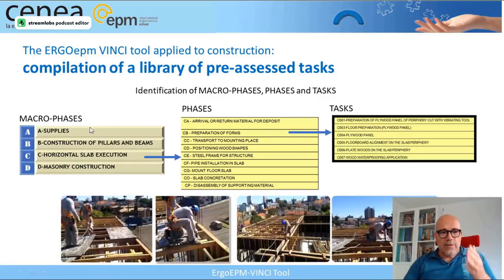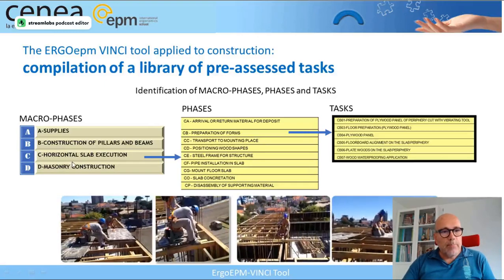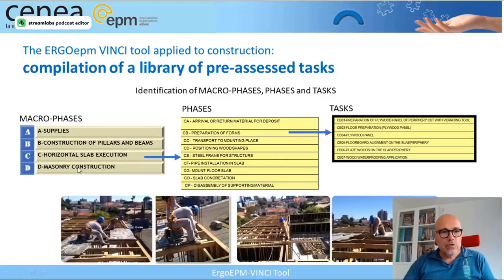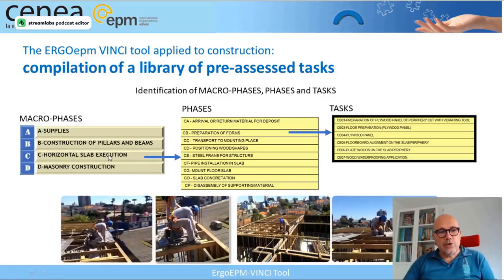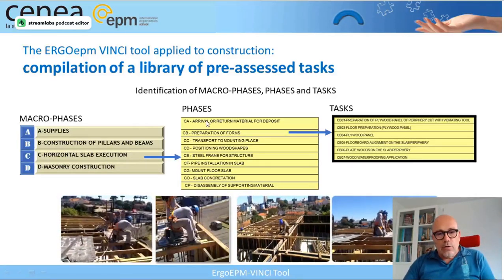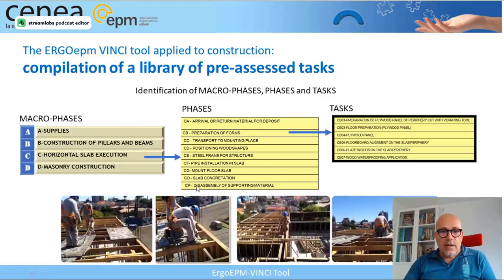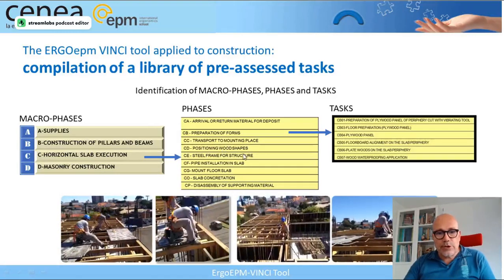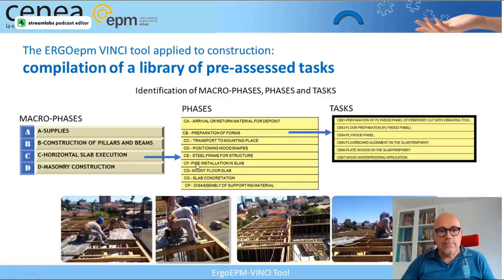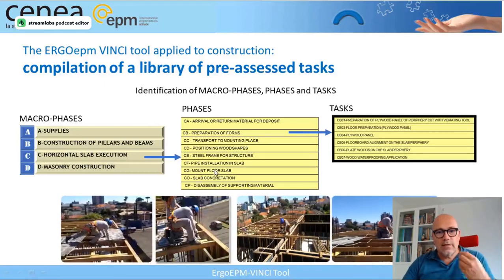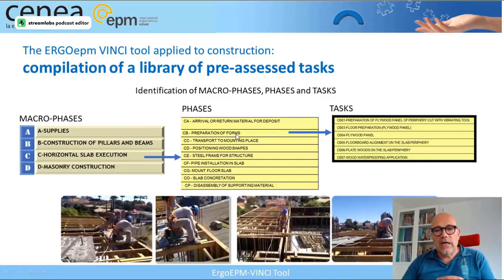In building construction, it has been broken down into 4 macro phases where, for example, in the realization of the horizontal planes we find all these phases: transport of the mounting plates, positioning of the boards, construction of the steel structure, installation of the pipes, etc. Only in the preparation phase of the forms we find a lot of tasks that we see in the different videos.